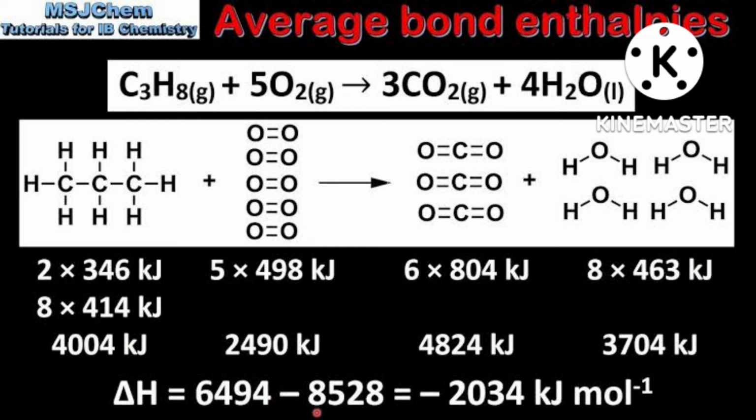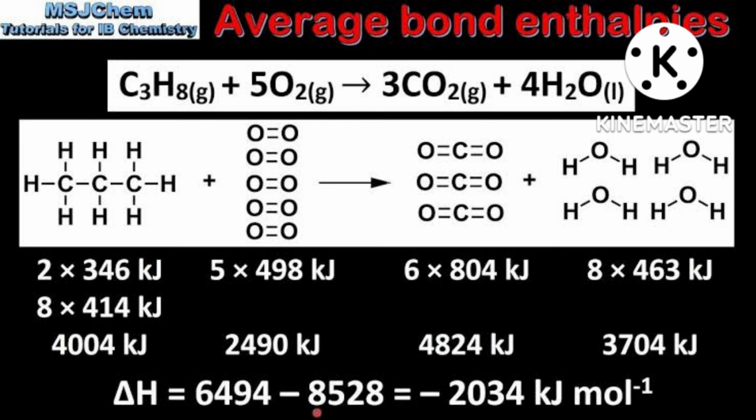The mean bond energy is 741 kilojoule per mole at 298 Kelvin; you have to mention the temperature. Generally it is at 298 Kelvin only. C=O, its value is 741.